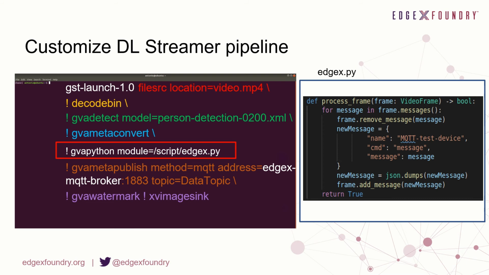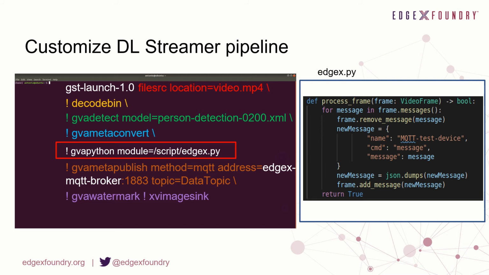On the right side, we have an example of this Python script. We simply loop through every frame message. We delete the message because it doesn't have the schema that we need. Then we create a new object with the schema that is required for EdgeX, create that schema into a JSON object, and then we add that new message to the frame. Then DL Streamer will take this new JSON object and publish it over MQTT.